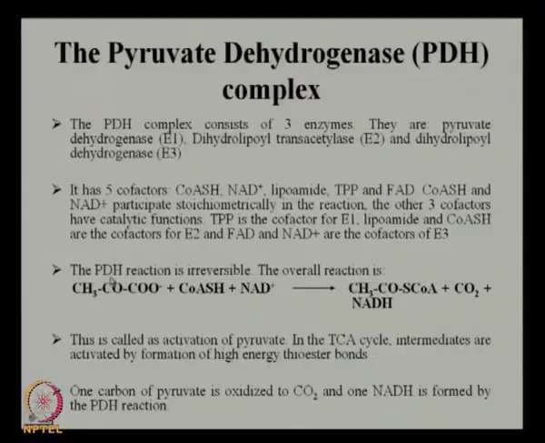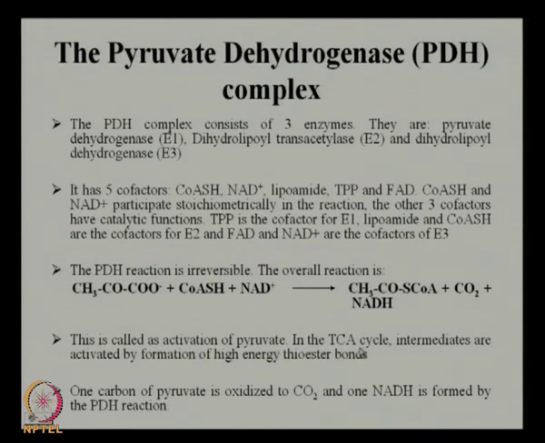The pyruvate dehydrogenase reaction is irreversible, and the overall reaction is: pyruvic acid, coenzyme A-SH and NAD give rise to acetyl-CoA, carbon dioxide and NADH. This is called the activation of pyruvate.